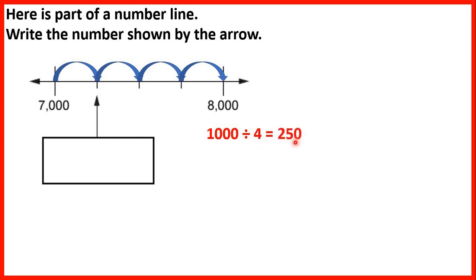And you can do that mentally if you know that 100 divided by 4 is 25, so 1,000, so 100 with a 0 on the end, divided by 4 is 250, so 25 with a 0 on the end. So because the arrow is pointing to the first line, that means that we have 250 more than 7,000. So we have 7,250.